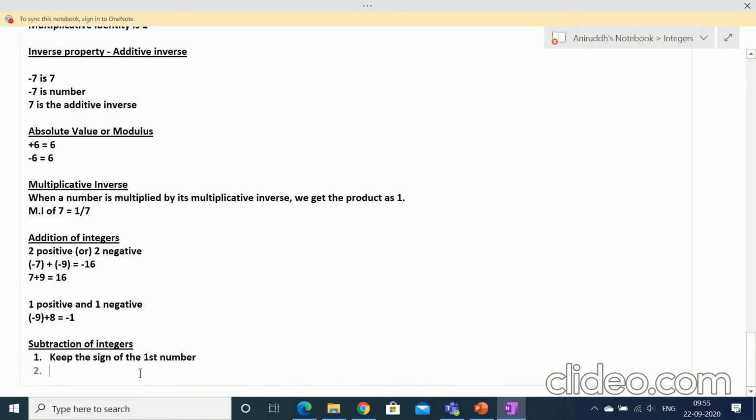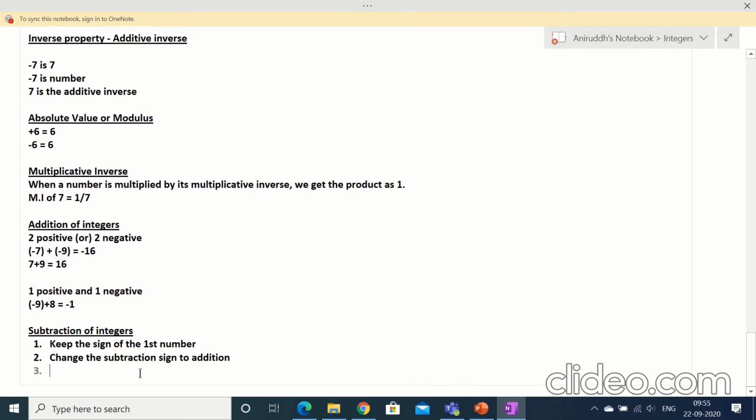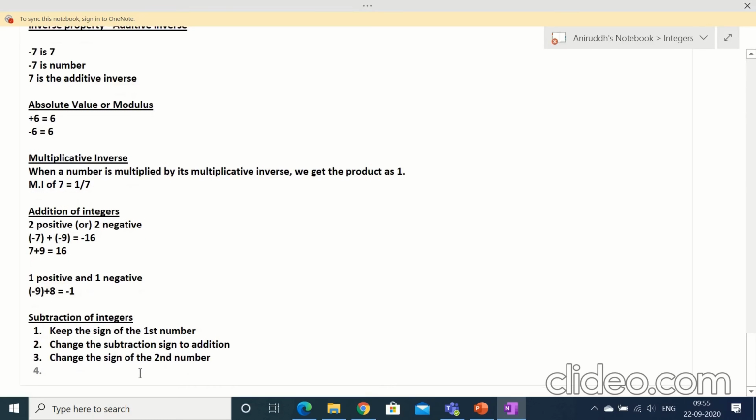Then the second is change the subtraction sign to addition. Third is change the sign of the second number. And the last step is, we need to follow the rules of addition of integers.